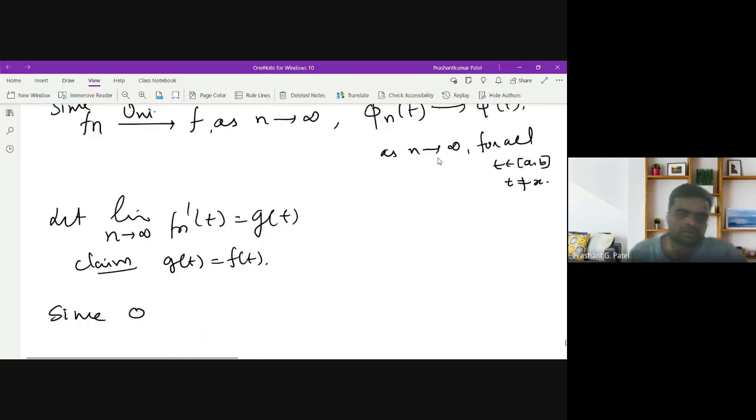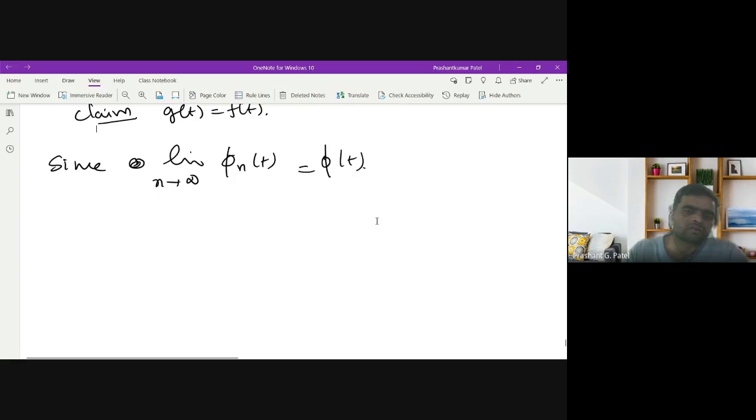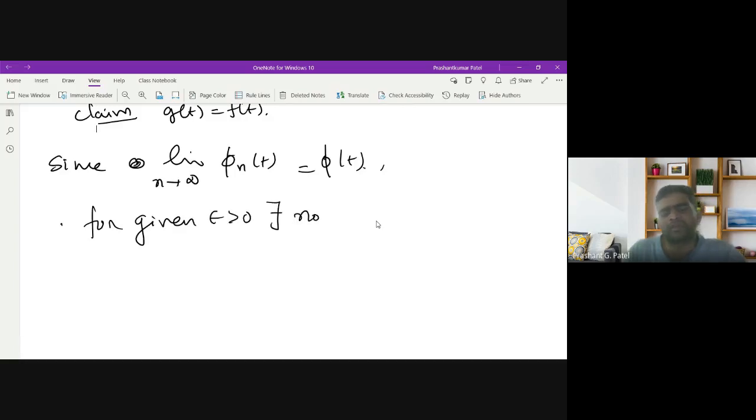since limit of phi n of t as n tends to infinity is phi of t, by the definition of limit, we can say for given epsilon greater than 0, there exists n0, you can use a different name here, no problem, because ultimately it is some constant, such that modulus of phi n of t minus phi of t is less than epsilon.